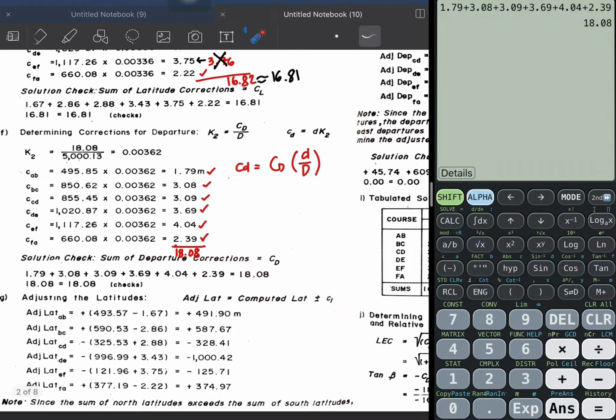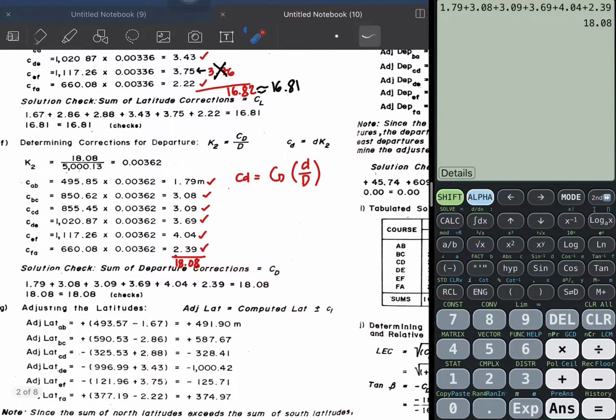Okay, so to adjust the latitude and departure, you have the formula. Computed latitude, you have the first computation plus or minus the correction. But in our case, the north latitude is bigger than the south latitude. So therefore, the correction for the north is minus or subtract.